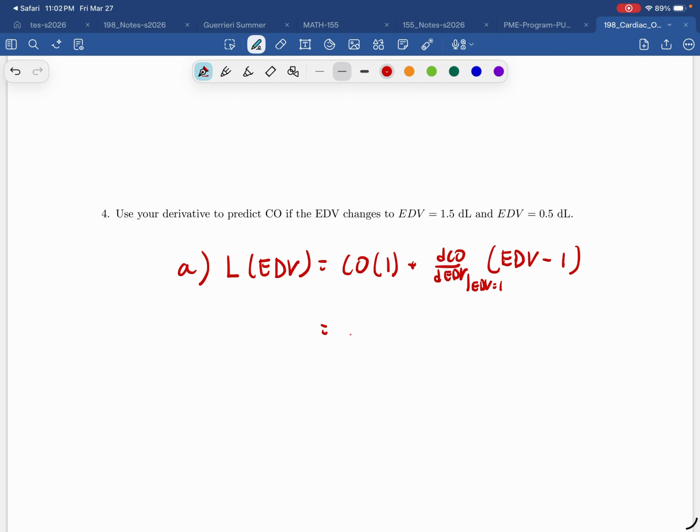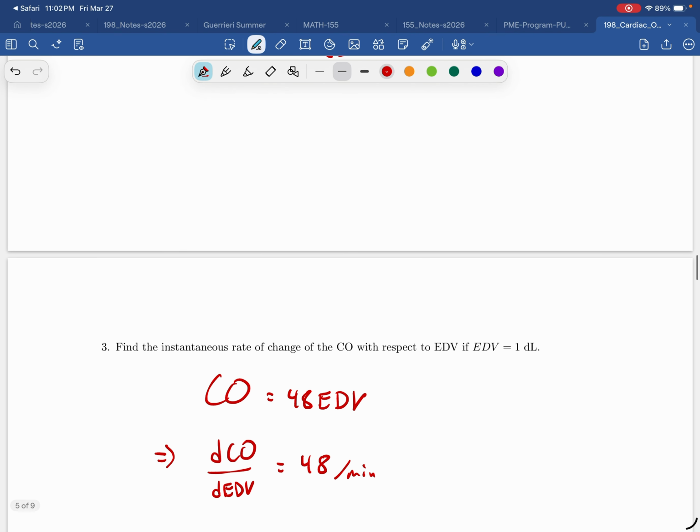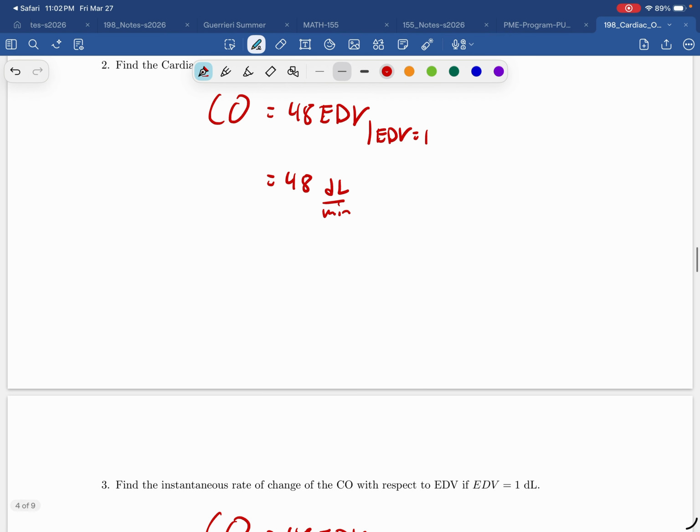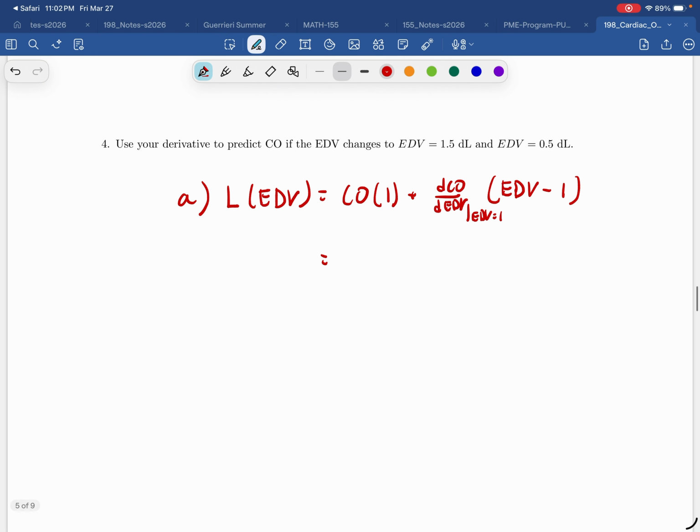When we do this out, we get 48 plus, and our derivative was, again, 48.